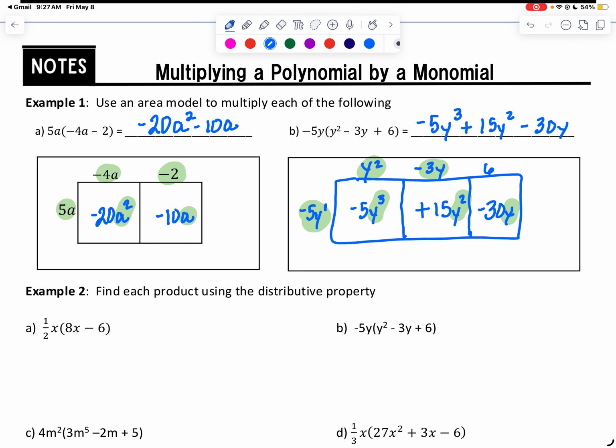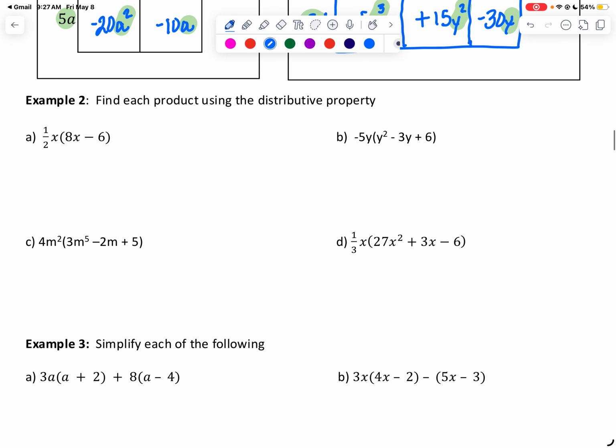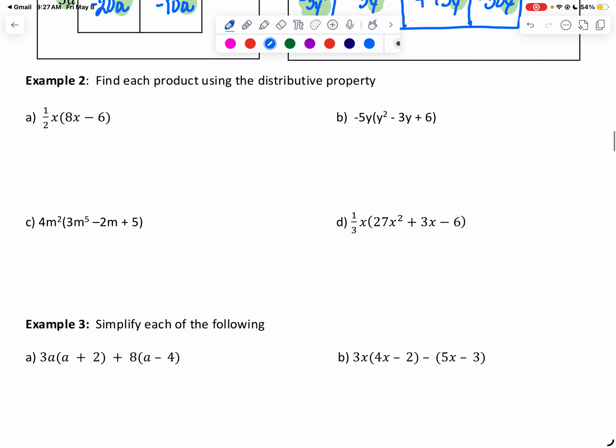Now, in example 2, we're going to do the same process, but this time we're going to be using our distributive property. In problem A, we have 1/2 x, that's our monomial, times the quantity 8x minus 6. Using the distributive property, I'm going to multiply 1/2 x times 8x, and then I'm going to multiply 1/2 x times negative 6. 1/2 of 8 is 4.